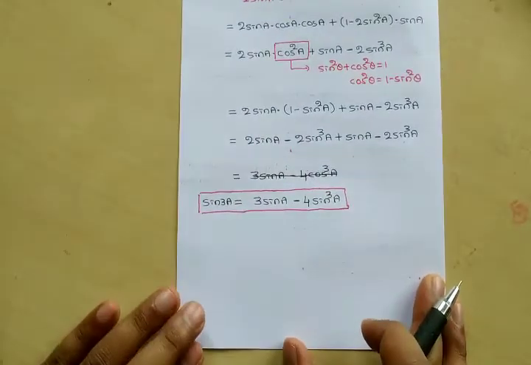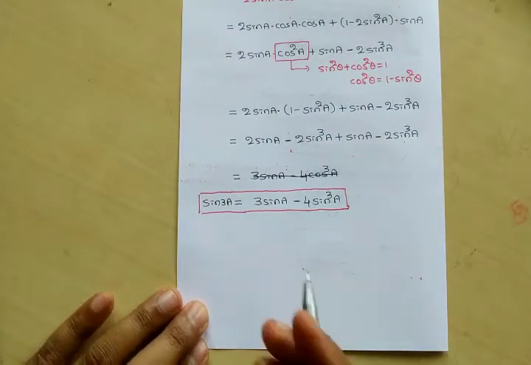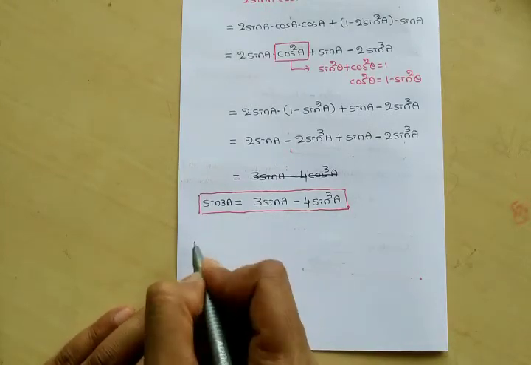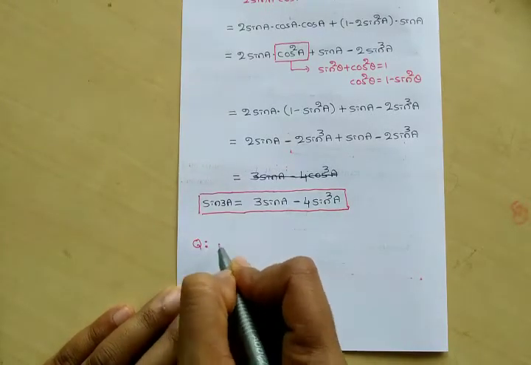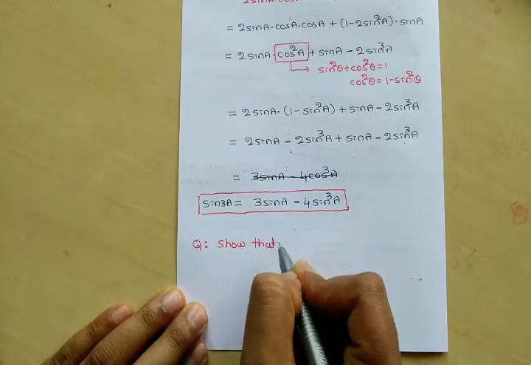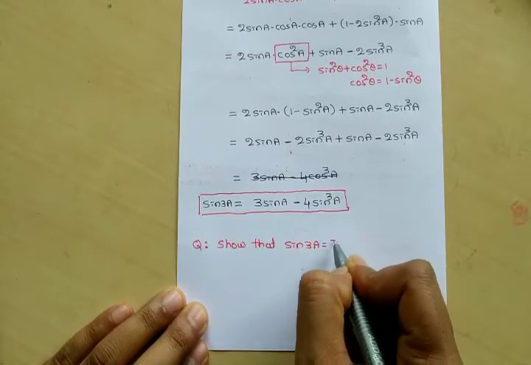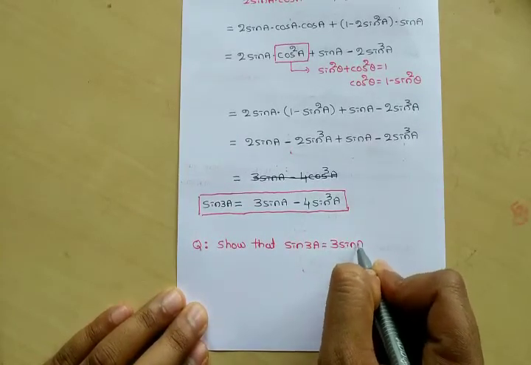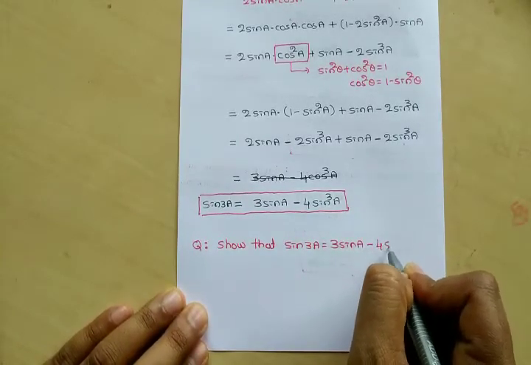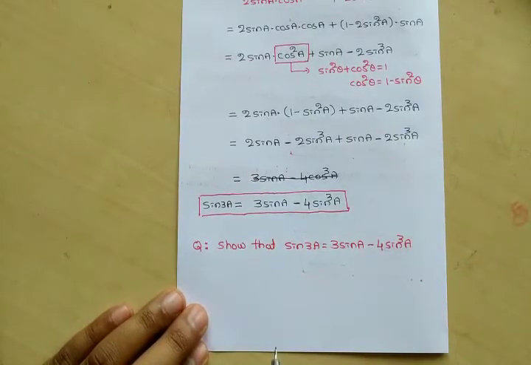So in examination, how will they ask this formula question? They will ask, show that sin 3A is equal to 3 times sin A minus 4 times sin cube A. So it may be a 5 marks question like this.